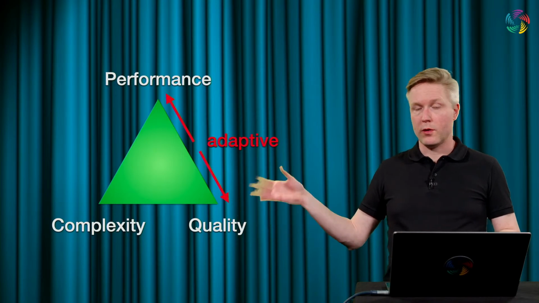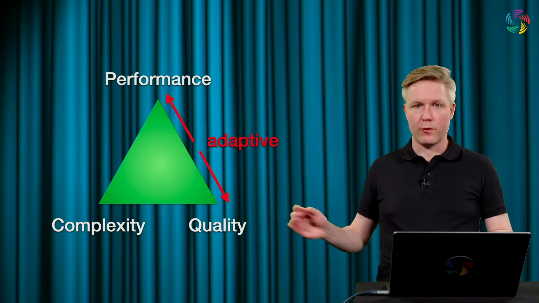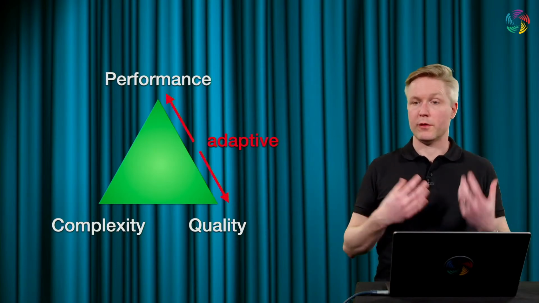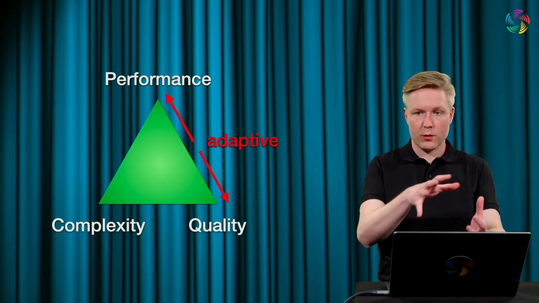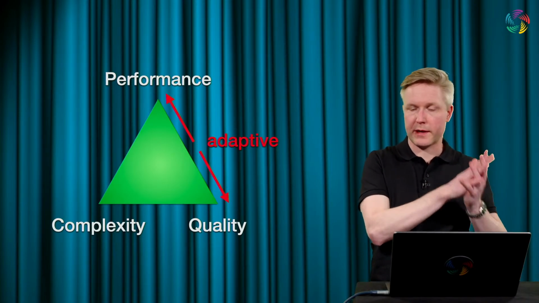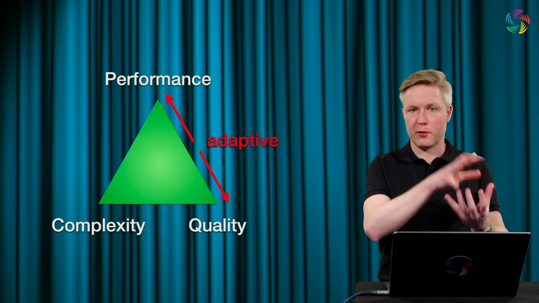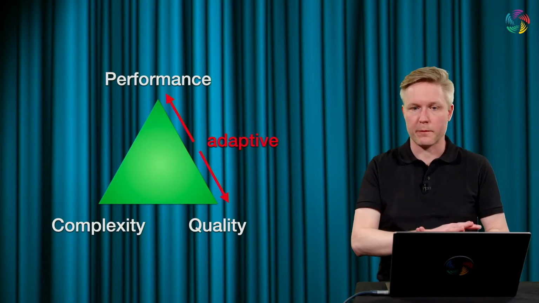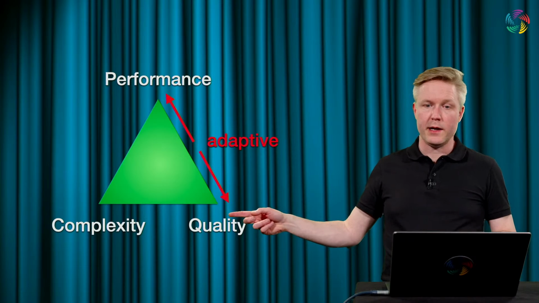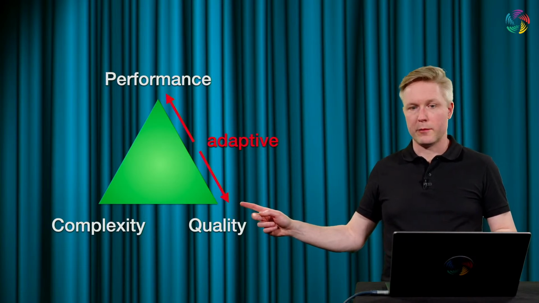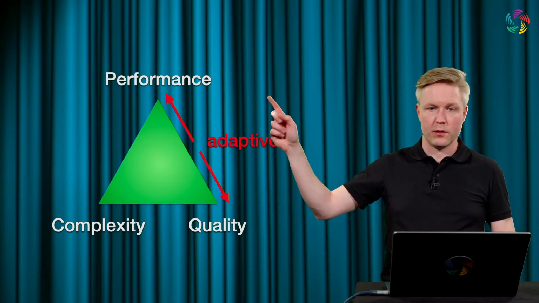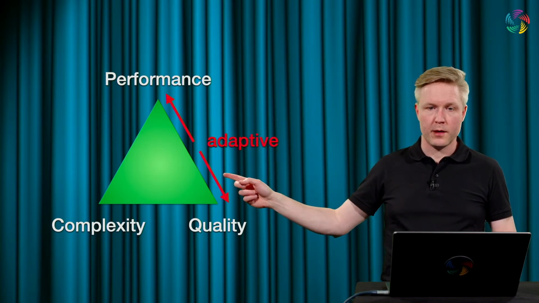Complexity are all the things I went through before, like number of objects, the resolution of materials, and so on. You can always work on reducing that complexity, but eventually you will hit a point where you can't do much more. So here you have to make some choice between quality or performance.